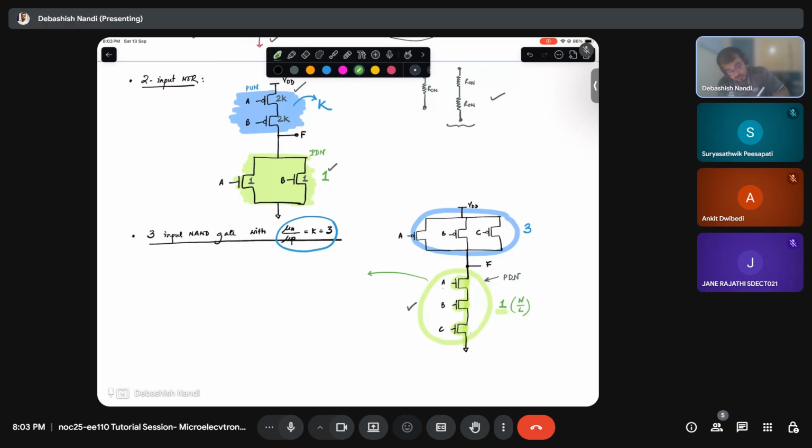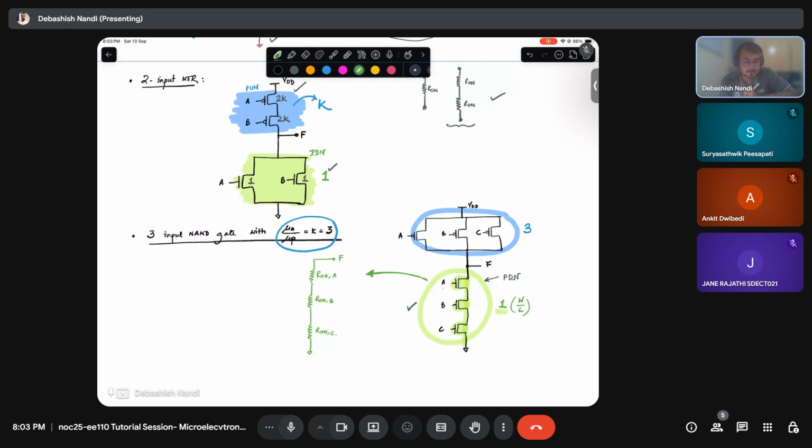We are considering this network, where F is connected and all three transistors are conducting. This much clear? Yes, sir. So R on A, R on B, R on C.